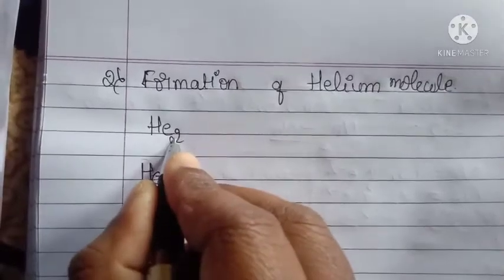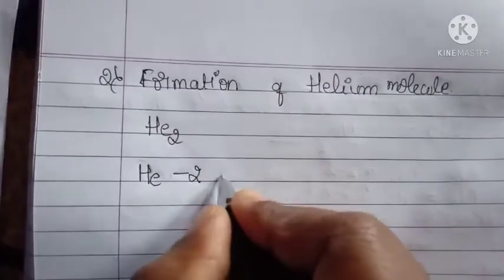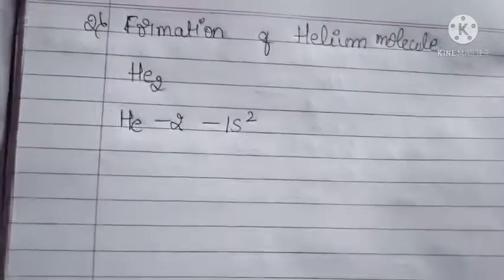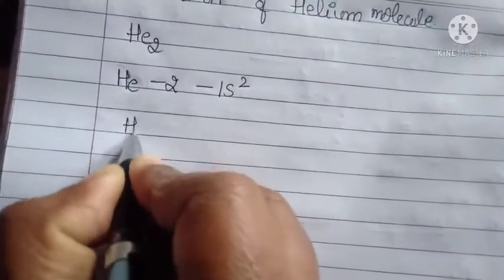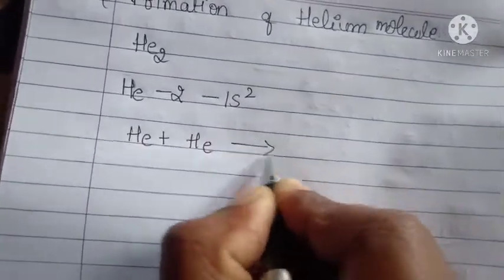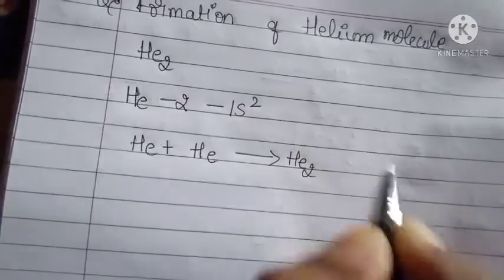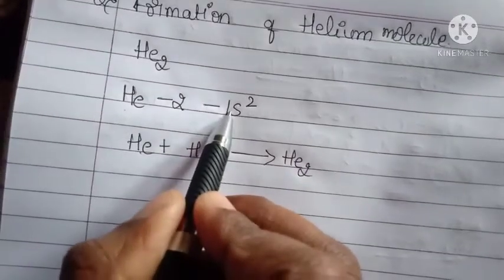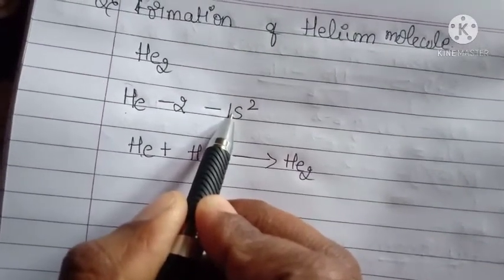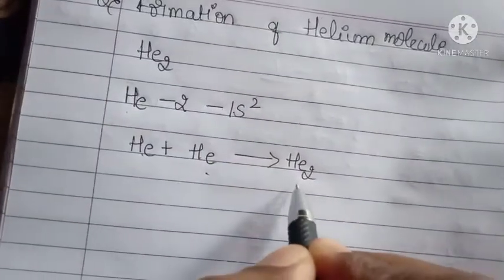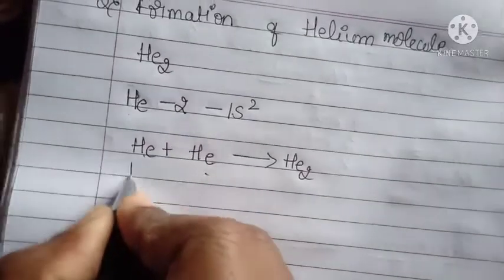The atomic number of helium is 2, so the electronic configuration is 1s2. How is the helium molecule formed? By combining two helium atoms to give a helium molecule. One helium atom contains 2 electrons, another helium atom contains 2 electrons, so 4 electrons should be present.